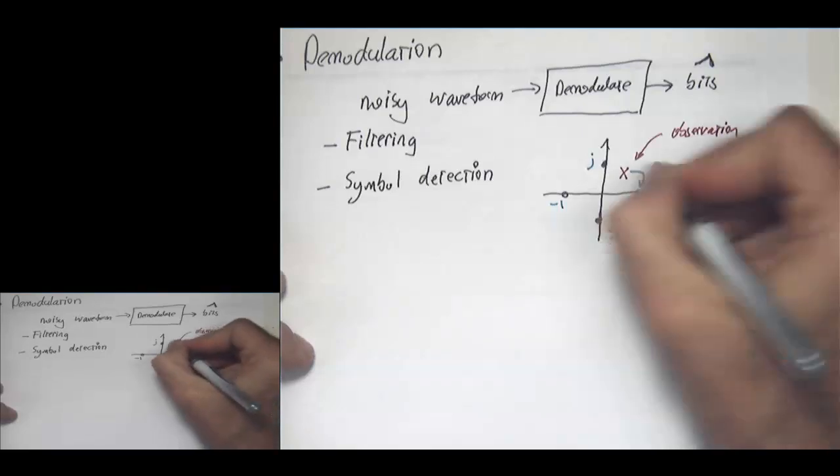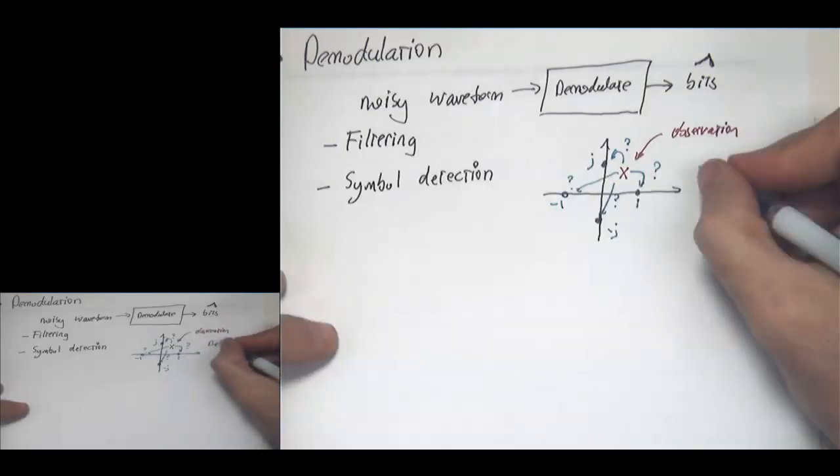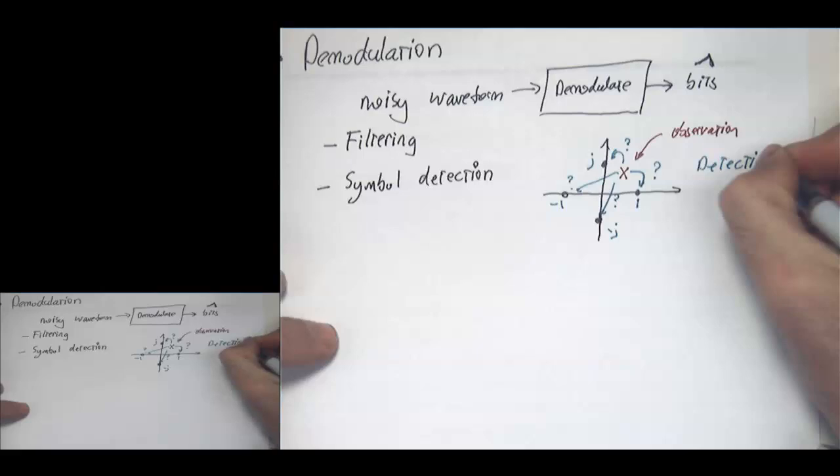So was this a 1? Was this a j? Was it minus j? Was it minus 1? And solving that is the detection problem here.